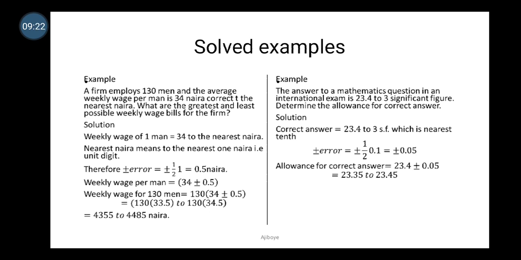Solution. Weekly wage of one man is 34 naira to the nearest naira. That means to the nearest 1 naira.